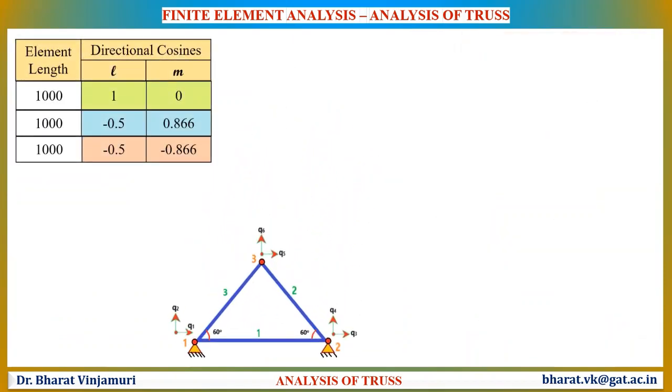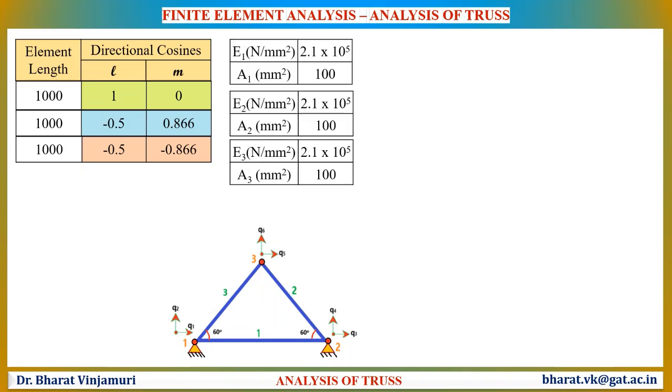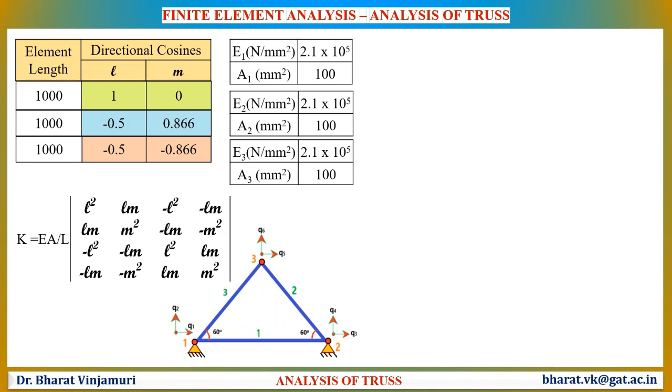After determining the directional cosines, we will now try to determine the stiffness matrix. By substituting the given values in the following equation, which is K equal to EA by L multiplied by the directional cosine matrix, we will be able to determine the stiffness matrix of each individual element.